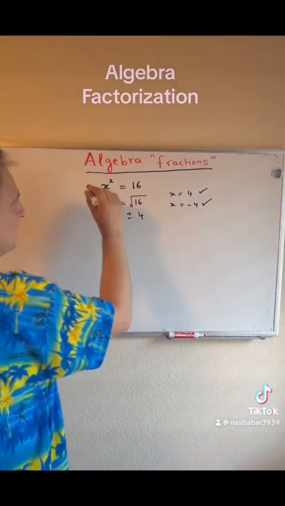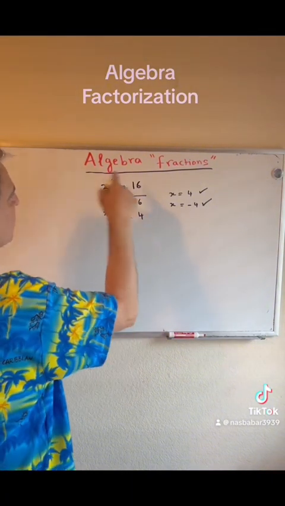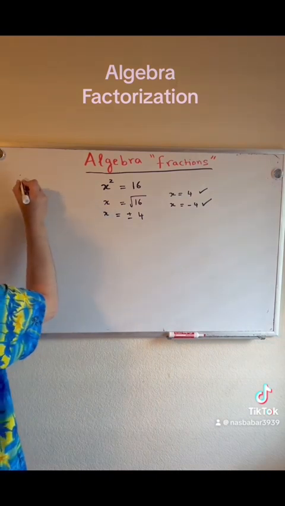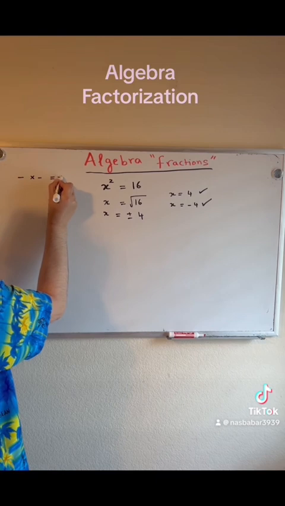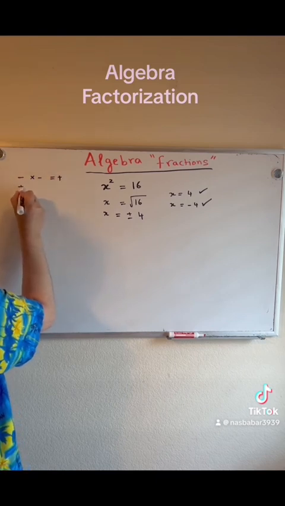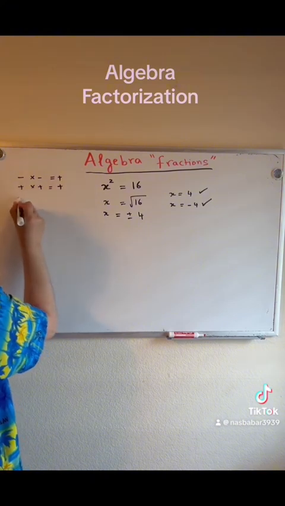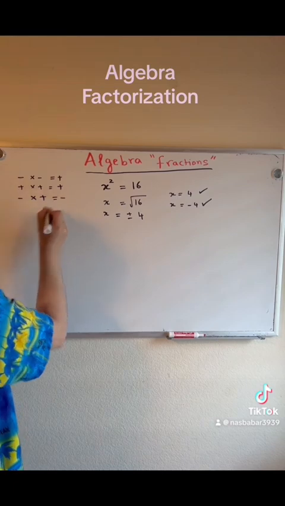Minus 4 times minus 4, minus times minus is plus, so that also gives me 16, so that checks out. So in algebra, if you have minus multiplied by minus, you get plus. If you have plus multiplied by plus, you get plus. If you have minus multiplied by plus, you get minus, okay?